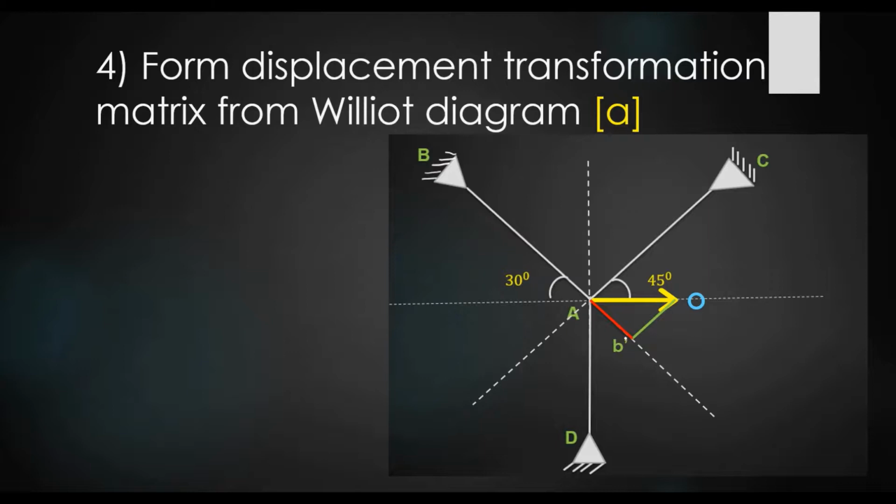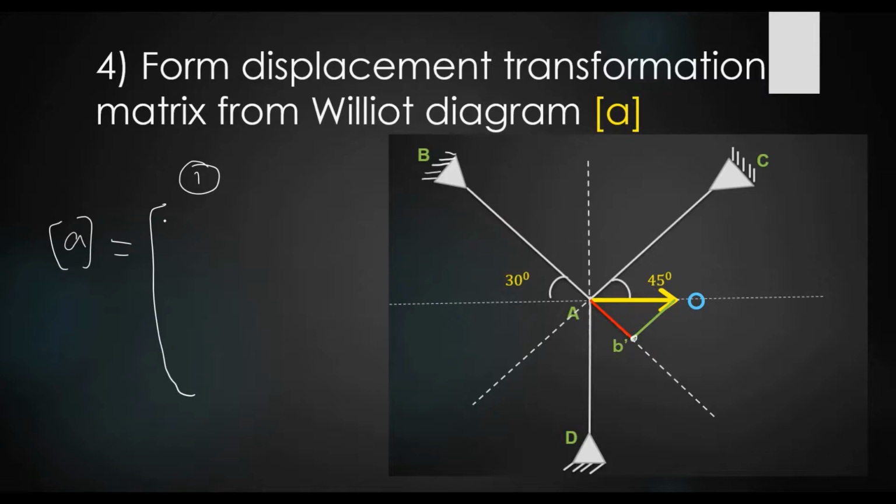Let me mark this point as B dash, and I have to calculate AB dash. That is the element in the displacement transformation matrix. When I apply a unit displacement in the direction of the first system coordinate, and then provide a perpendicular to each member separately, I find the distance from the joint to that perpendicular touching point.